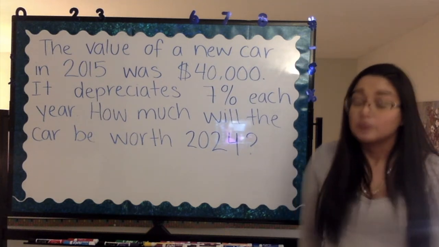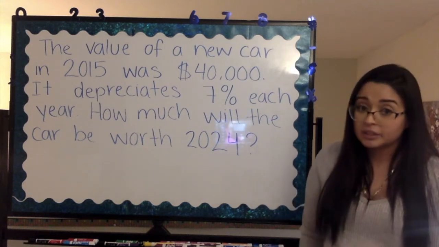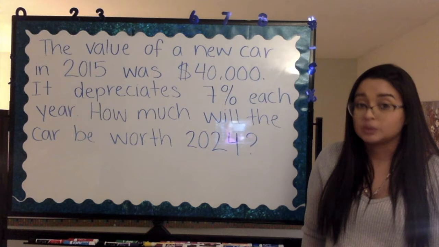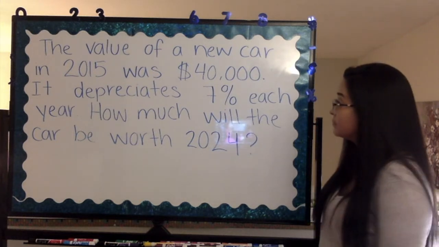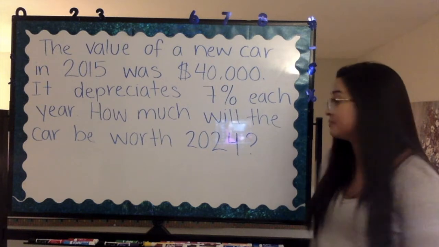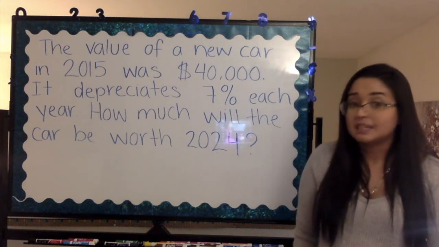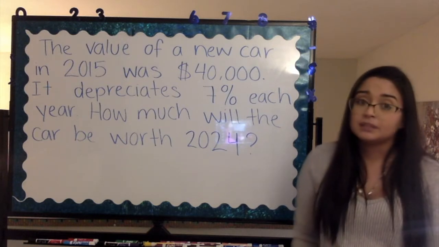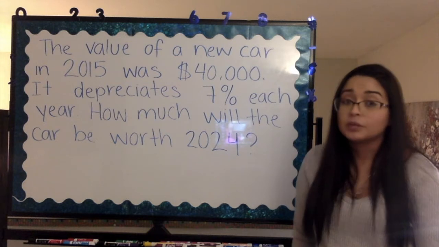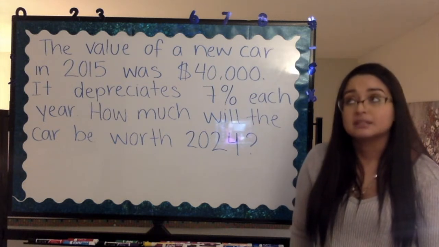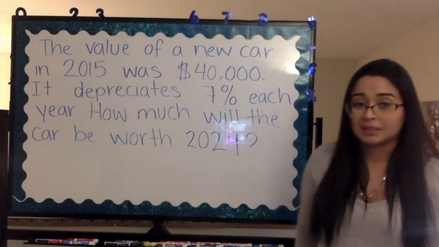Now, we are going to figure out how much the car is worth in 2024, which is after a couple years. It's 9 years actually. So after 9 years have passed, how much will the car be worth? In this instance, we are dealing with decay, not growth. So let's see how we would work that out.